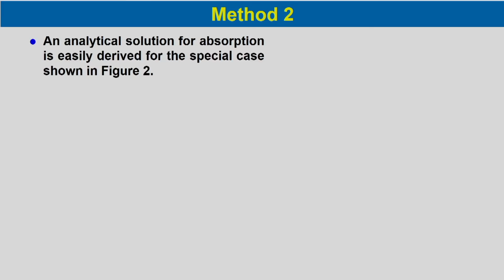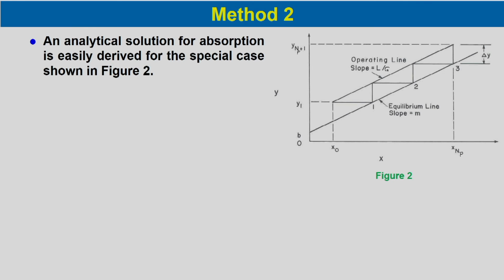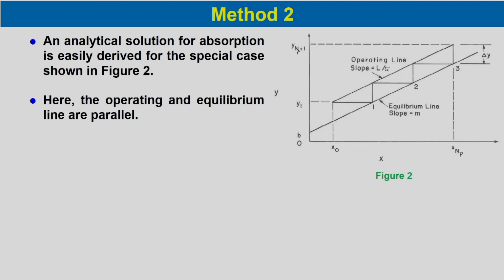The second method which we are going to discuss here in analytical solution for absorption, which can be easily derived, is to look into the graphs for a special case. We can plot them, and from there we can obtain the number of stages.